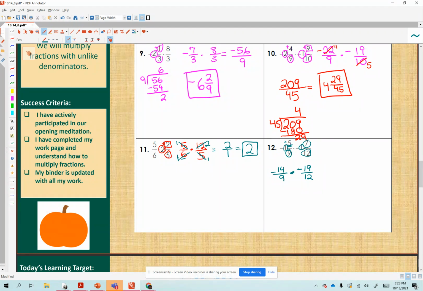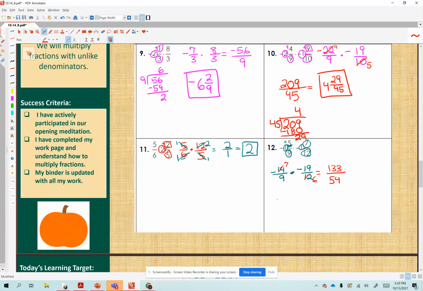The 14 and the 12, however, we can simplify a bit. We will divide 14 by 2 to have 7 and 12 by 2 to get 6. Now let's multiply straight across. Negative 7 times negative 19 is a positive 133, and 9 times 6 is 54.